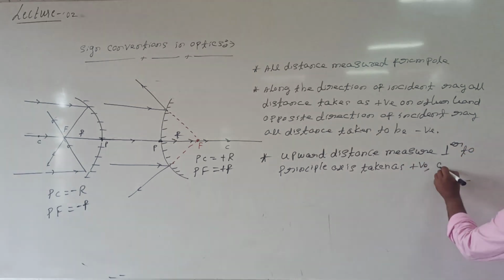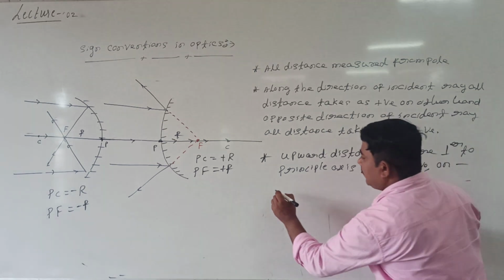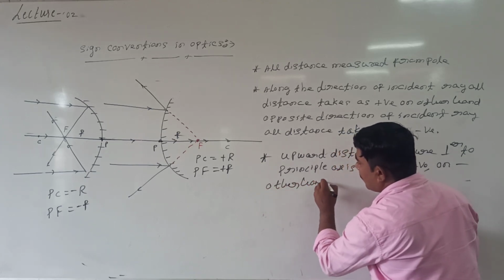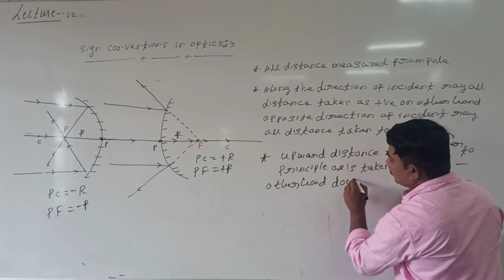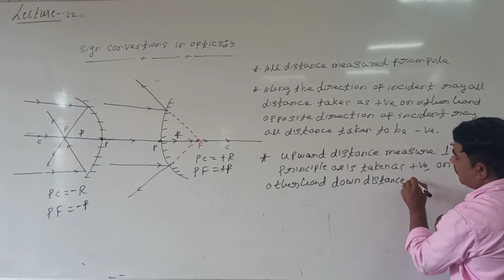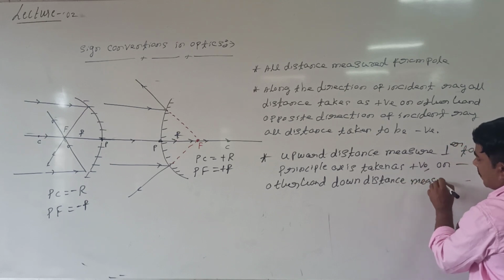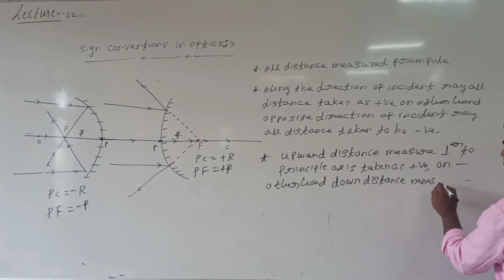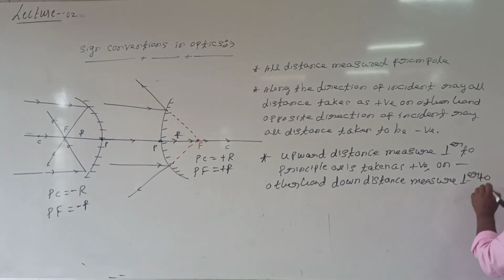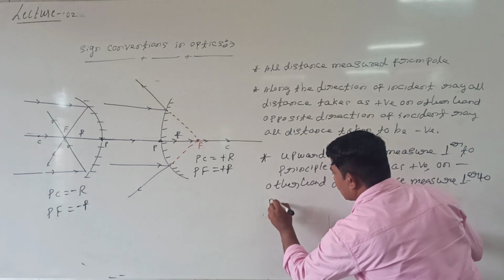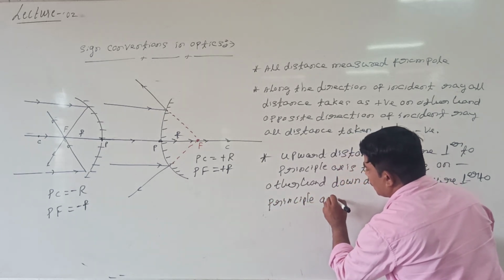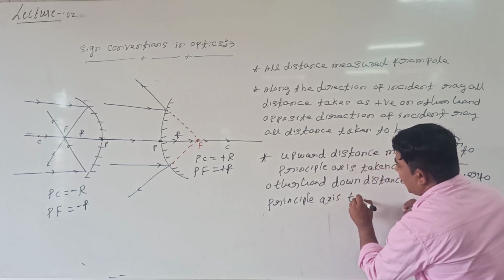On the other hand, downward distance measured perpendicular to the principal axis is taken as negative.